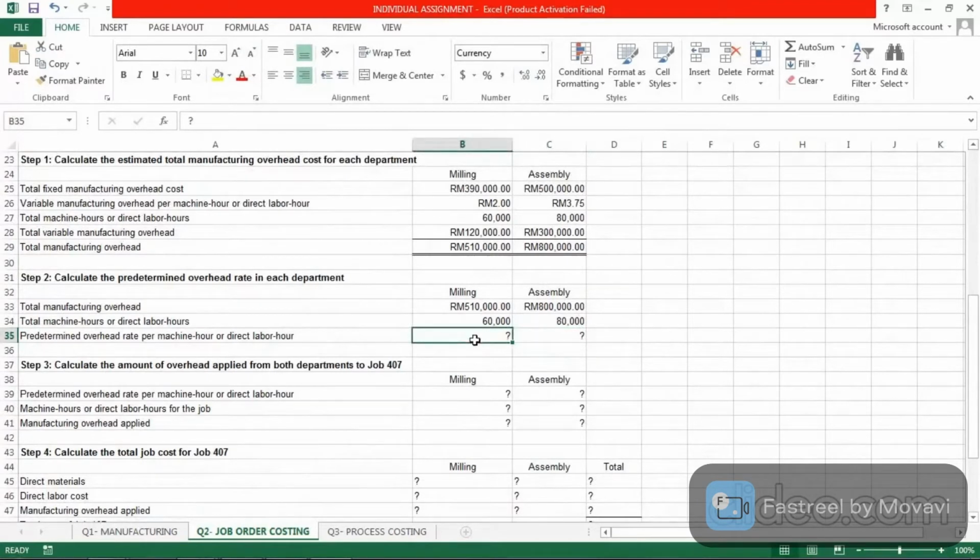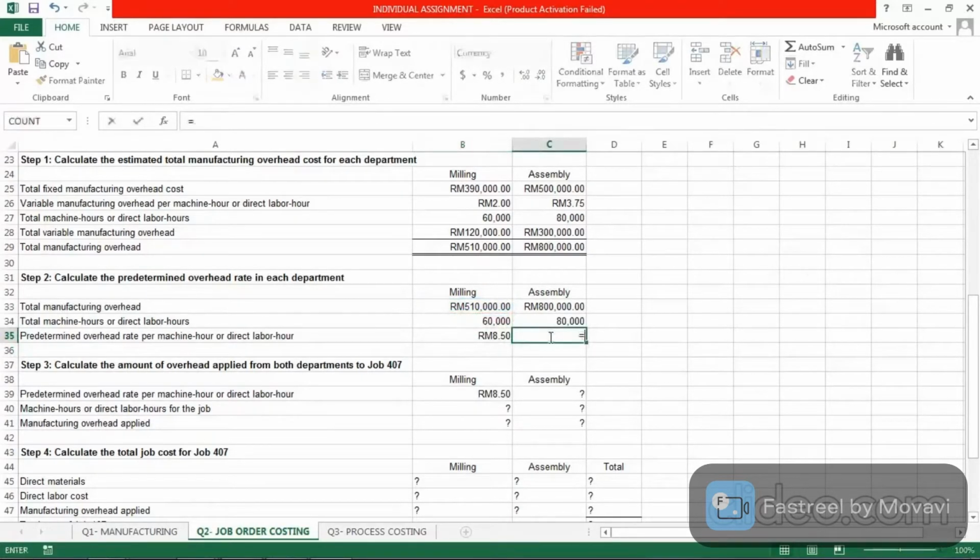The predetermined overhead rate is calculated by dividing the estimated total manufacturing overhead cost by the estimated activity base. So here 510,000 per 60,000, we get 8.5, and here 800,000 per 80,000, we get 10 ringgit.